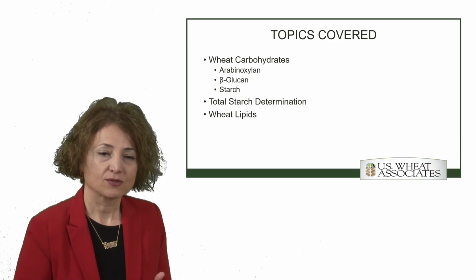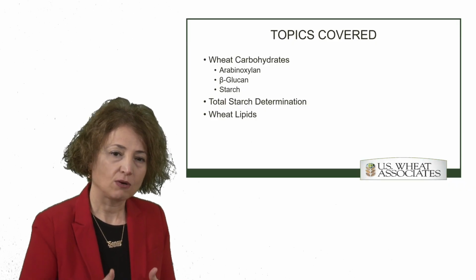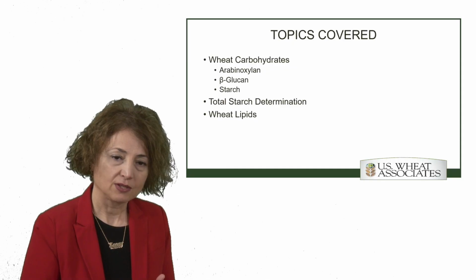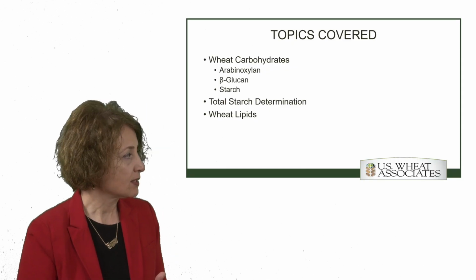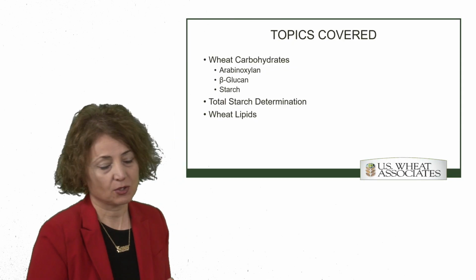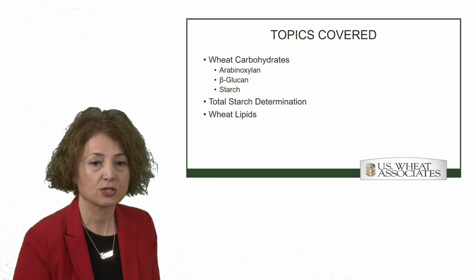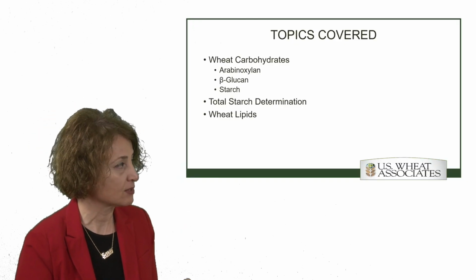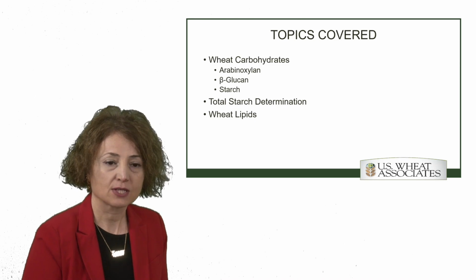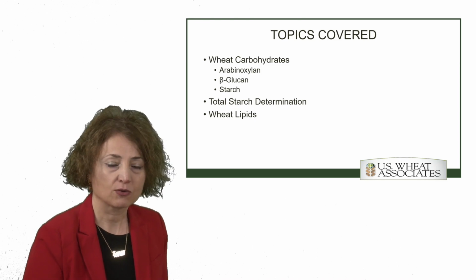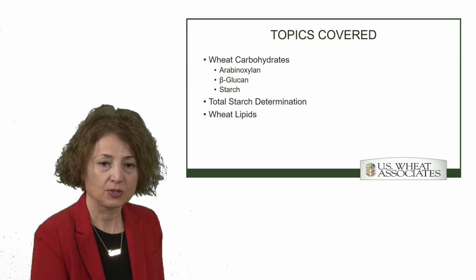If we have an understanding of the basics of each compound in the wheat kernel, again, as crop quality specialists or technologists, cereal chemists, cereal scientists, we can have a better understanding of how to modify our system and what the data really means.